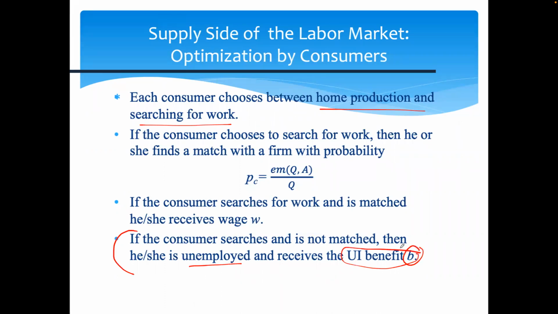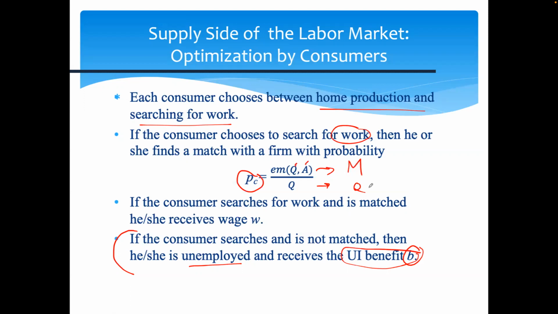Alternatively, if the consumer chooses to search for work, they are going to find a match with a firm with the following probability. This is a probability for the consumer. On the numerator, this is the total match, so it's going to depend on how many people search and how many job vacancies are available. On the denominator is the total number of workers who search for a job.